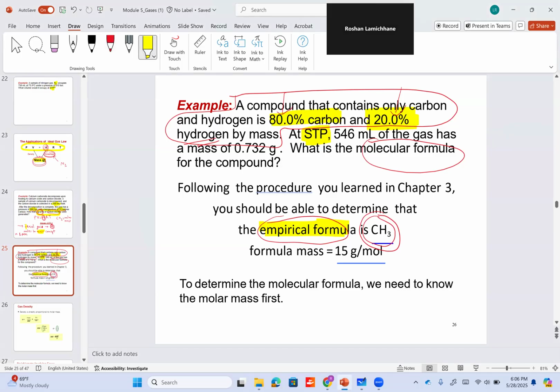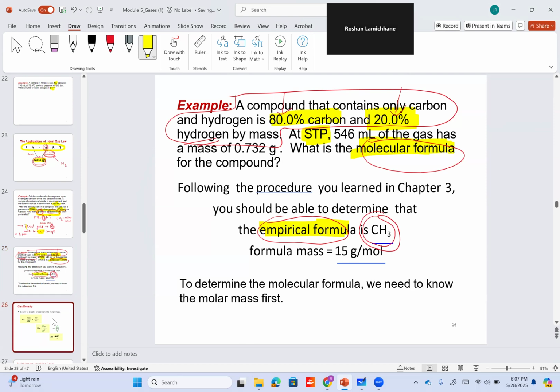So that's going to be our molecular formula. This is definitely, I would say, a challenging concept because remember, we are bringing together what you learned 1.5 weeks back and combining this with our STP or ideal gas law concept. All right, definitely take your time and run through this problem again, right? On a blank sheet of paper, work through this problem, see if you're able to work through it or not.